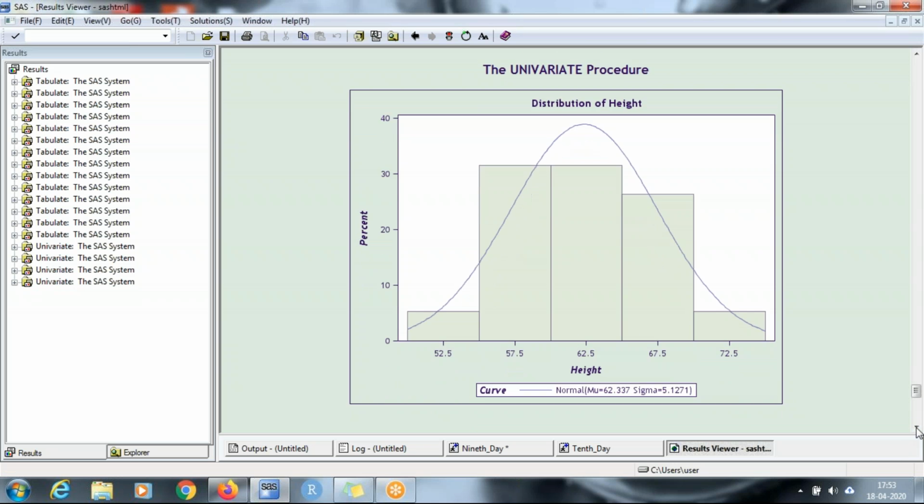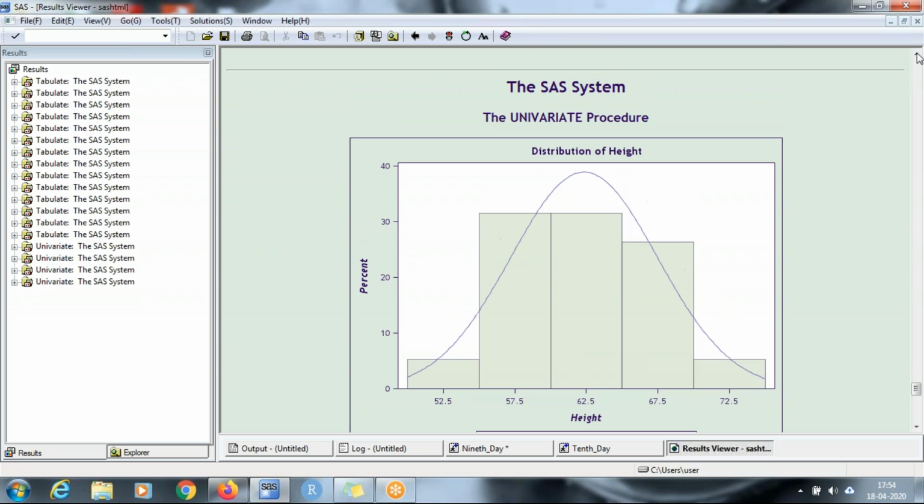Symmetry, very good. So if I do not share this image, how will you find whether your data is normally distributed or not?